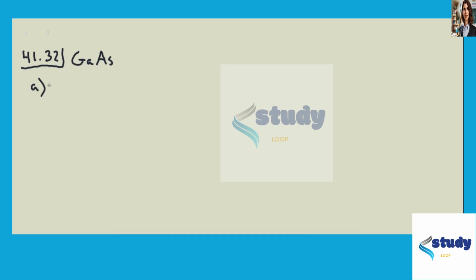We want to know what the net charge of the gallium ion core is. So for both of them, the 3p, 3d, and 4s shells are filled. And then the 4p shell is partially filled.